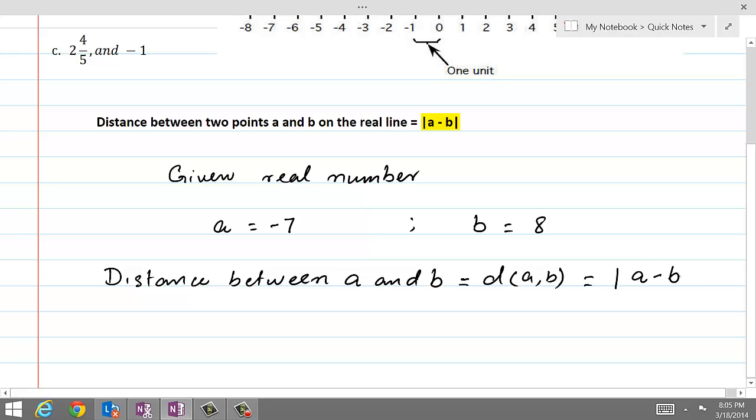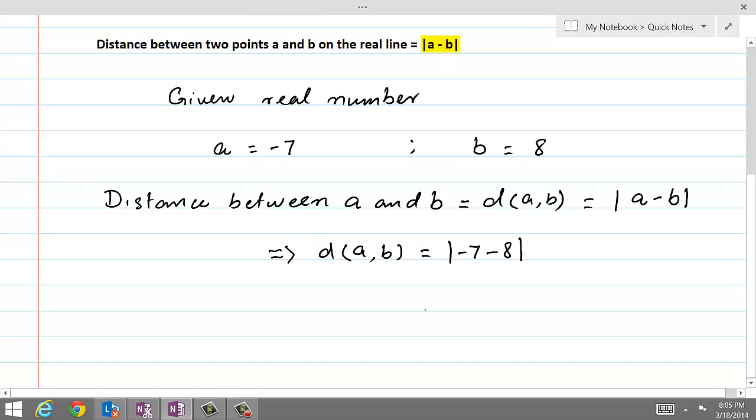the absolute value of a minus b. So this means that d is for distance, a is for the first number, comma, b is for the second number, and this is equal to the absolute value of -7 minus 8.